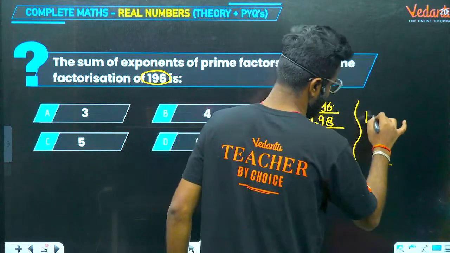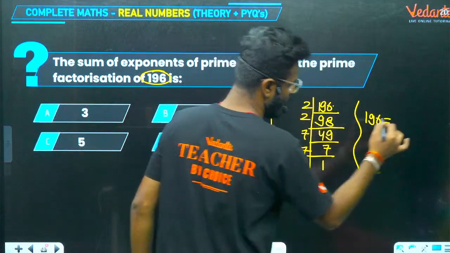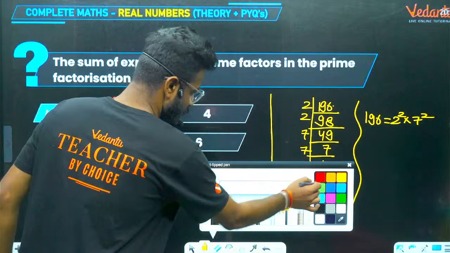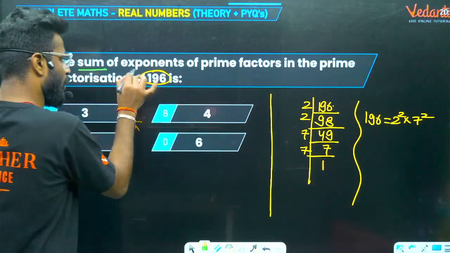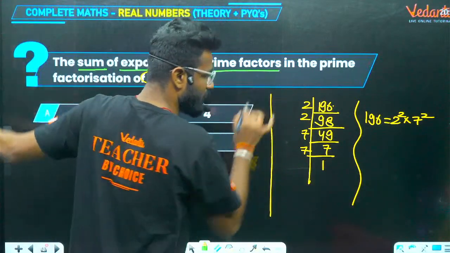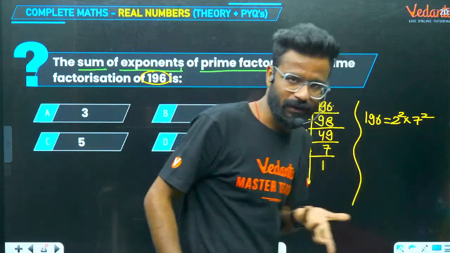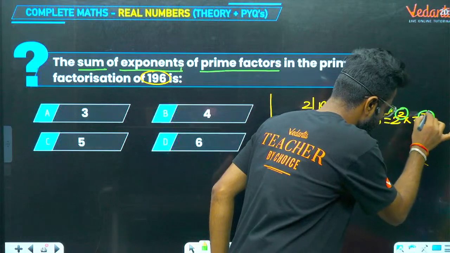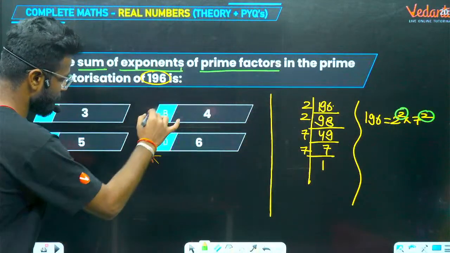The prime factorization of 196 is 2 squared into 7 squared. Now the sum of exponents of prime factors. The prime factors are 2 and 7, but the powers are 2 and 2. 2 plus 2 is simply 4. Option B is correct.